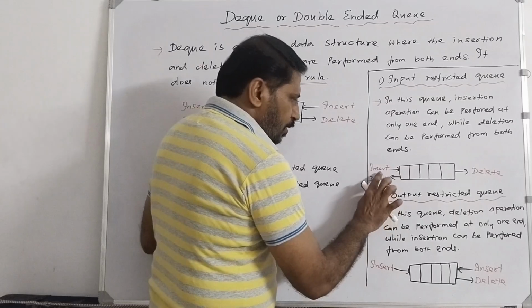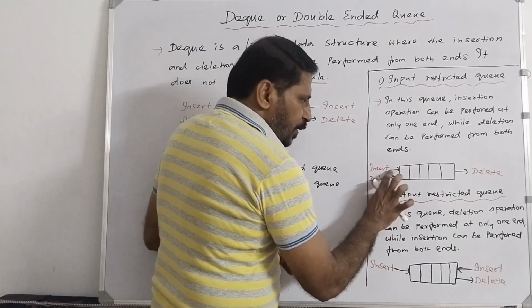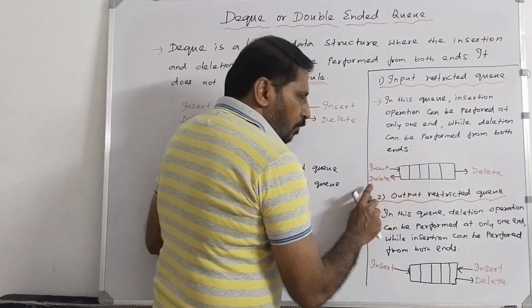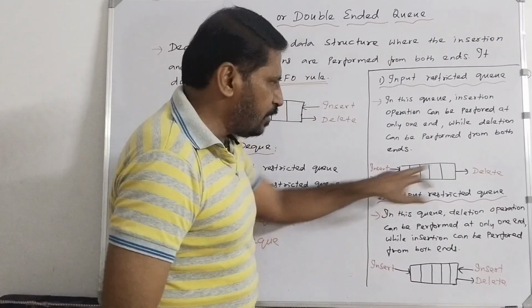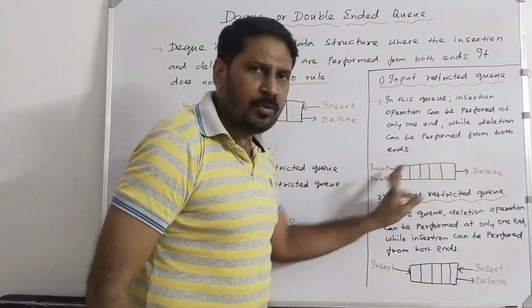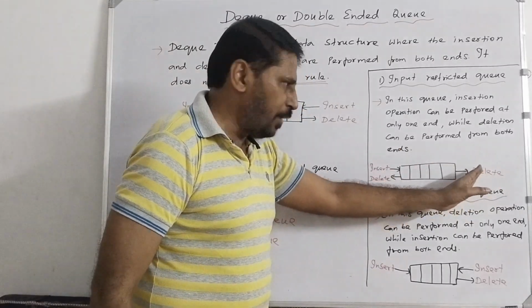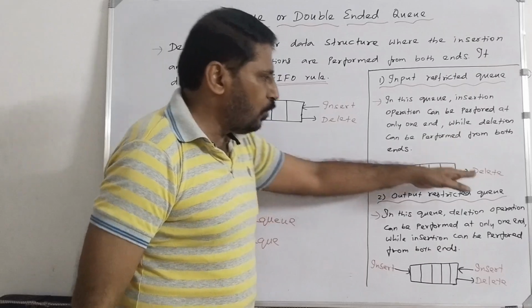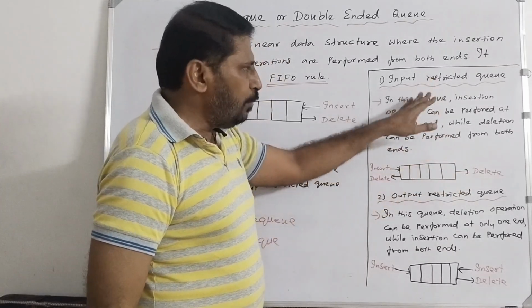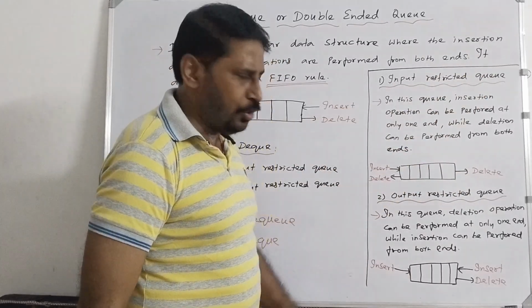See this diagram: insertion takes place at this end only, whereas deletion takes place at both ends. This type of queue is called an input restricted queue.